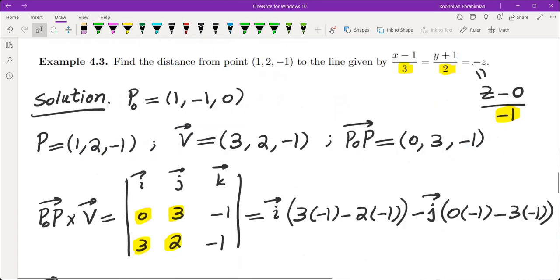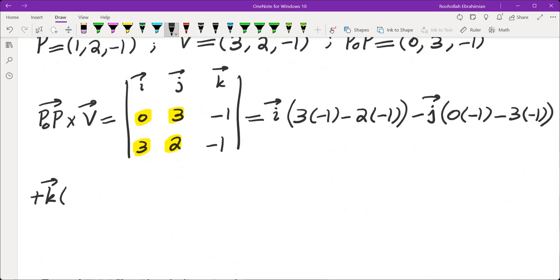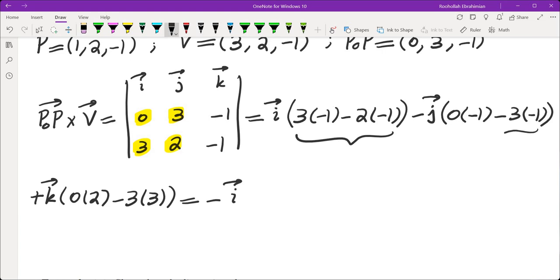So this is going to give us 0 times 2 minus 3 times 3. So let's evaluate this. This guy would be -3 plus 2, so that's -i. This guy would be -3 times -1, that is 3, and then we have a negative sign, so -3j.